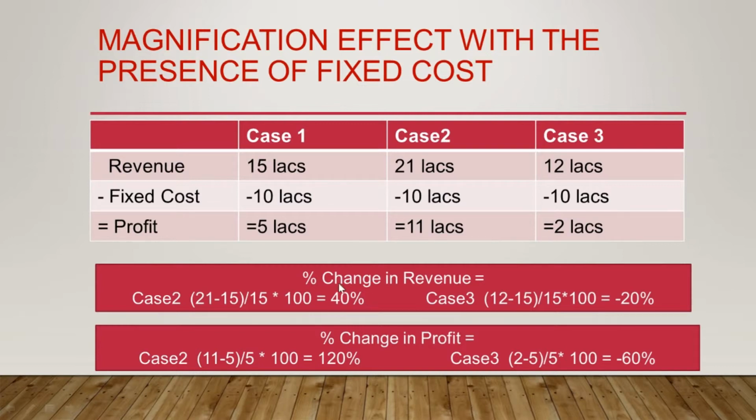For a 40% change in revenue, there is a 120% change in profit, almost 3 times. And for the 20% fall in sales, which is going negative, there is a 60% loss. You can see this is also almost 3 times.